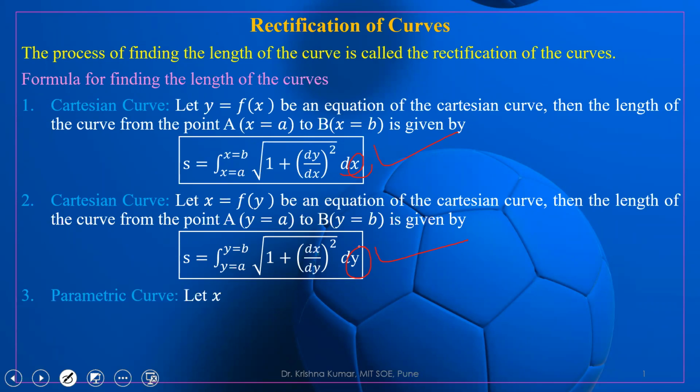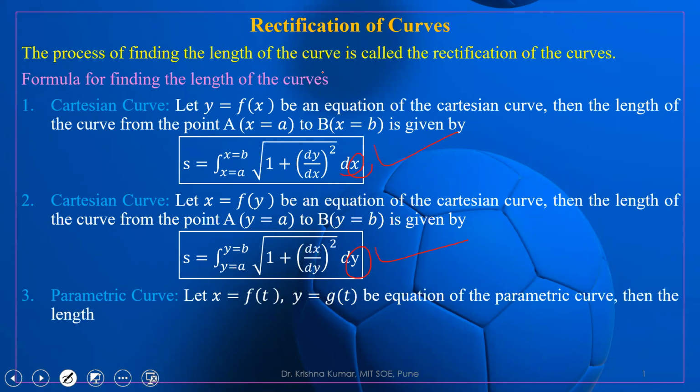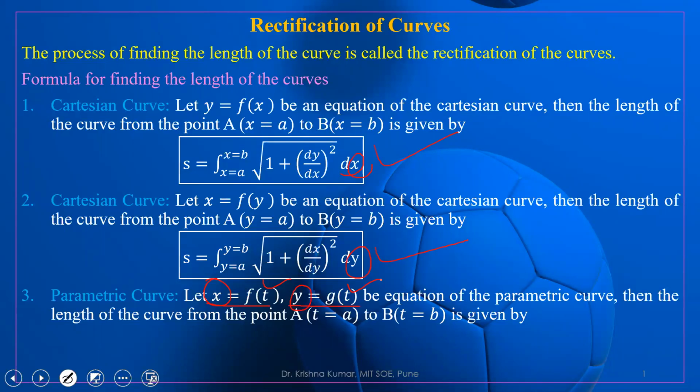And what will happen if we are given the parametric curve? We know what a parametric curve is: x is equal to f of t and y is equal to g of t. If two or more variables are represented by a single variable t, then it is called a parametric curve. So let x is equal to f(t) and y is equal to g(t) be the equation of the parametric curve.